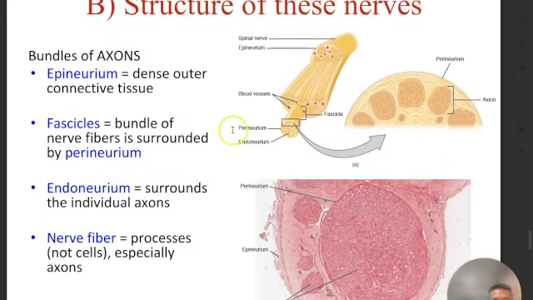The structure of these nerves is axons. Similar to muscle, the outside is epineurium. It's got fascicles and perineurium and then a nerve fiber.